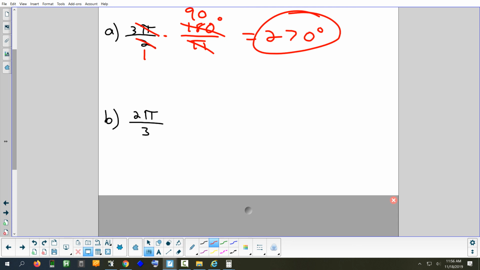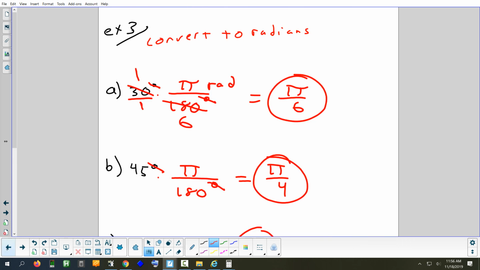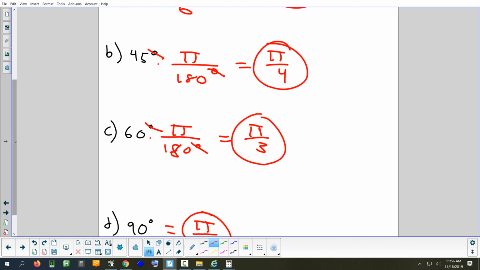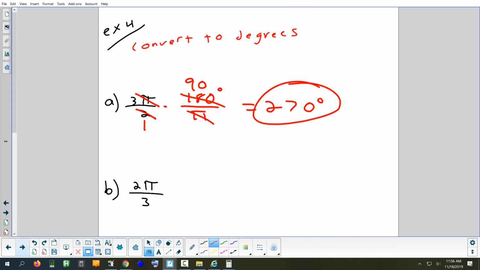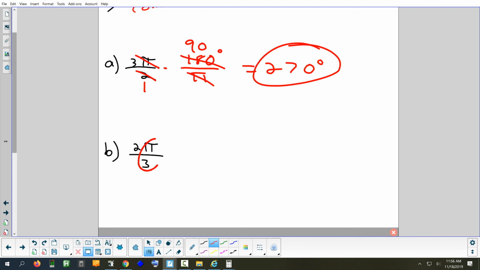Now, this one might be one where you say, okay, I remember what pi over 3 was. We just did it. This is double pi over 3. 120. We just figured out that pi over 3 was 60. This is pi over 3 doubled.